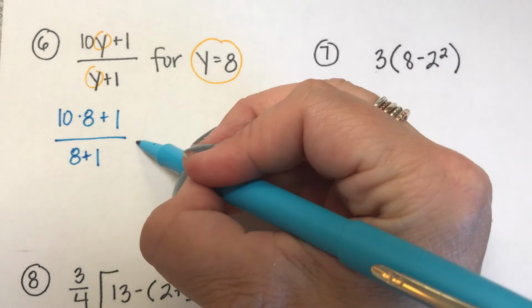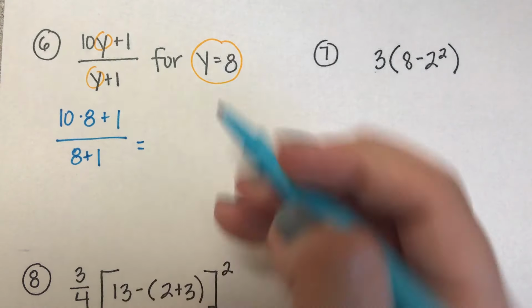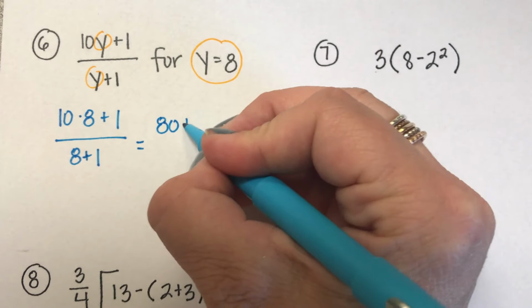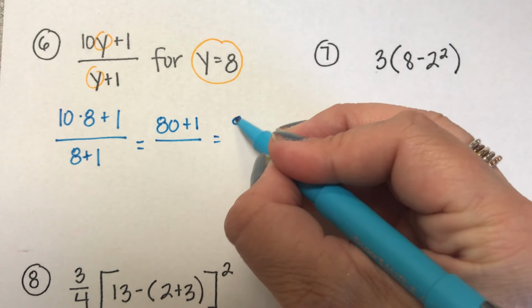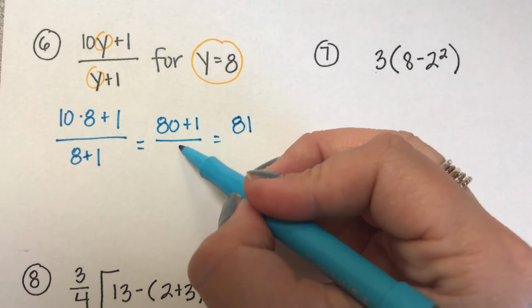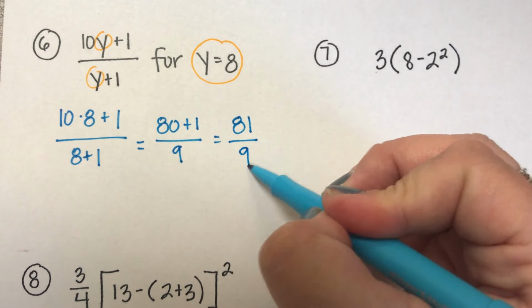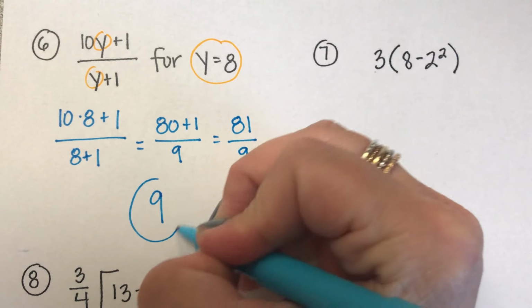Working that out with PEMDAS up here, 10 times 8 is 80, plus 1 is 81. In the denominator, 8 plus 1 is 9. So 81 divided by 9 is 9.